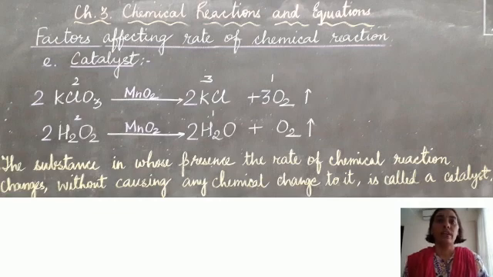Coming to the last factor of rate of chemical reaction, and that is catalyst. Catalyst plays a very important role in deciding the rate of a chemical reaction. We can make chemical reactions faster using a catalyst. One example we have already studied in the beginning of the lesson, that is hydrogenation of vegetable oil.